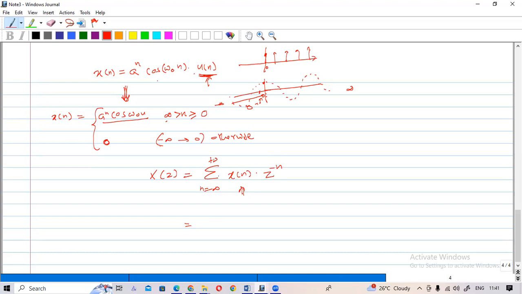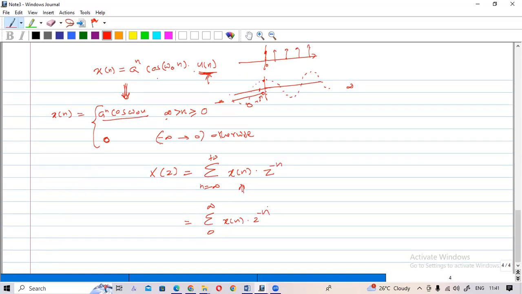Because it is multiplied by u[n], the sequence only exists from 0 to infinity, so from minus infinity to 0 it will be 0. So we have the sum from 0 to infinity of x[n] z^-n.